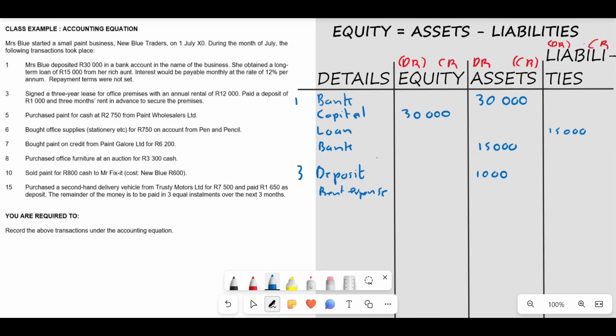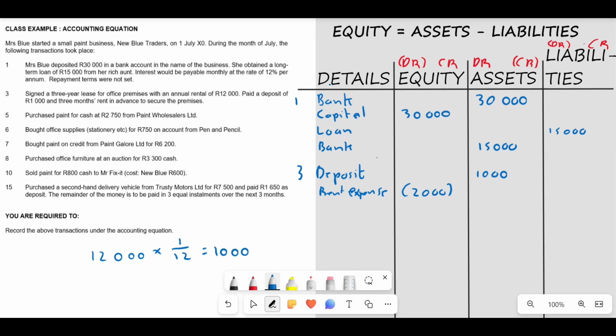I apologize for the bad handwriting. Let me do a quick calculation for you, because 12,000 multiplied by 1 over 12 is 1,000.